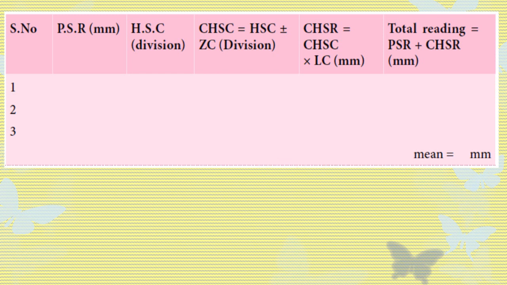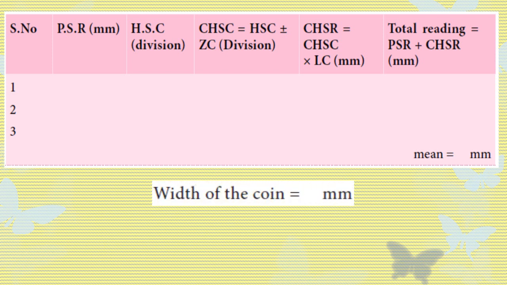Using this screw gauge, you can measure the thickness of this thin coin easily, and you can also measure the thickness of a teacup using this screw gauge. Finally, we receive the width of the coin in millimeter.